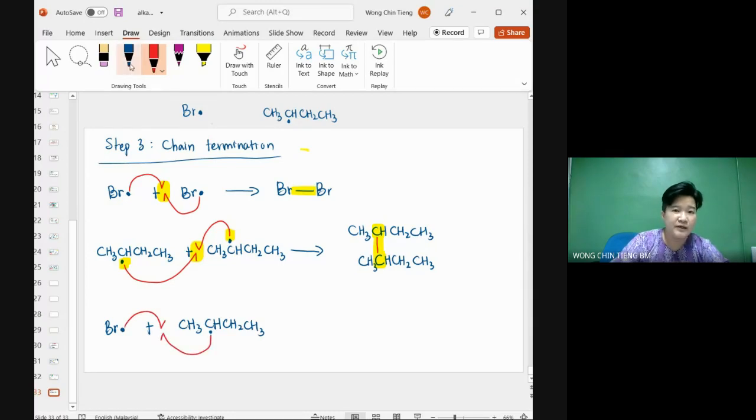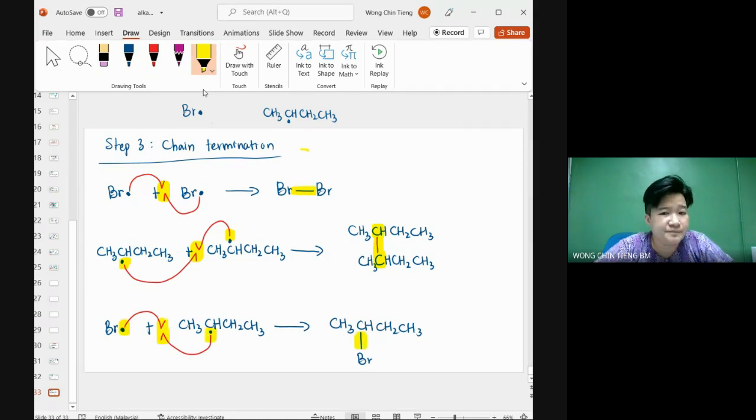The same story, make sure the bond that you form is at the correct carbon. Itu sahaja saya minta. Make sure benda yang betul duduk pada benda yang betul. Okay, arrow semua kena dari tempat yang betul, jumpa kat tengah, make sure jumpa ya. Alright, and this is the bond. Okay, senang.